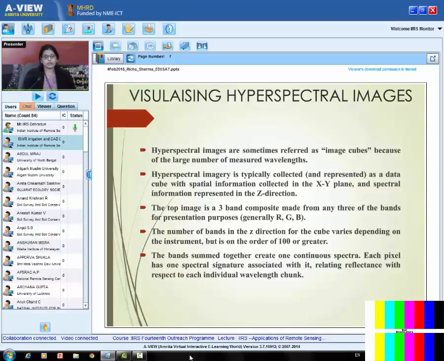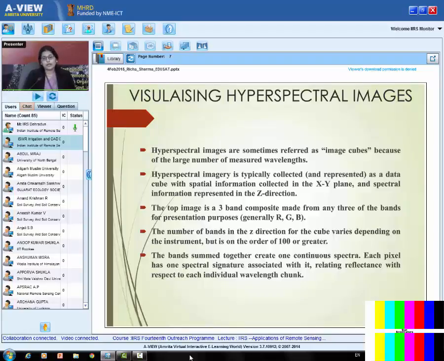Now, as far as the visualization of hyperspectral images is concerned, we sometimes call them image cubes, because they have a large number of bands. The X and Y directions show the spatial information, and the Z direction shows the spectral information for that particular pixel.